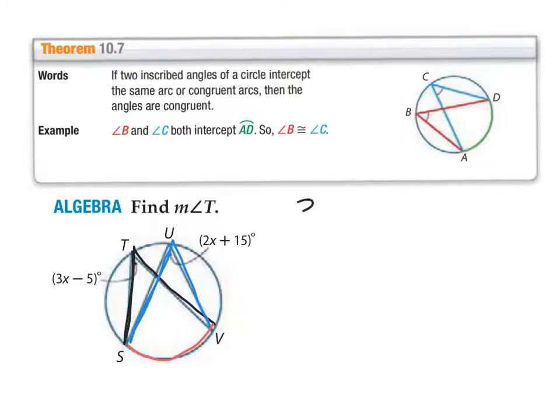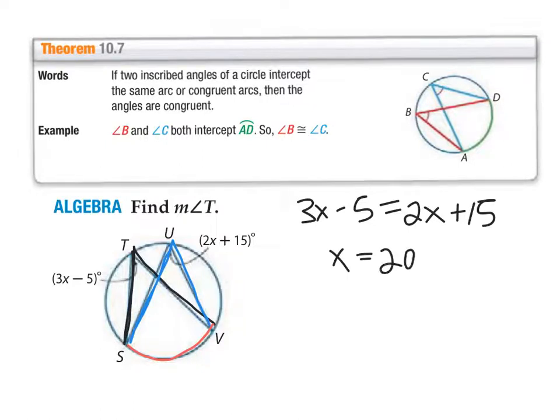So we can say that 3x minus 5 is equal to 2x plus 15. Then we can solve for x by subtracting 2x on both sides and adding 5 to both sides. We get that x is equal to 20, and since they want us to find the measure of angle T, we substitute the 20 into the measure of angle T, and we get 55 degrees. So the measure of angle T is 55.